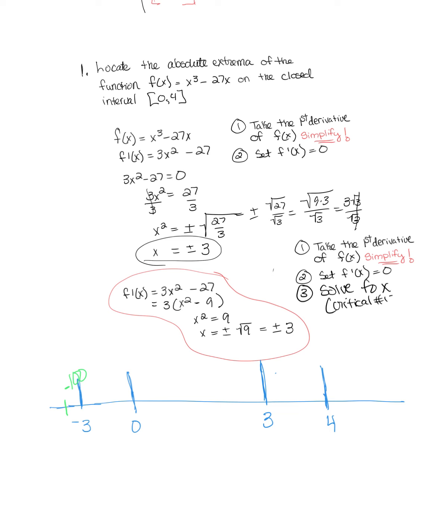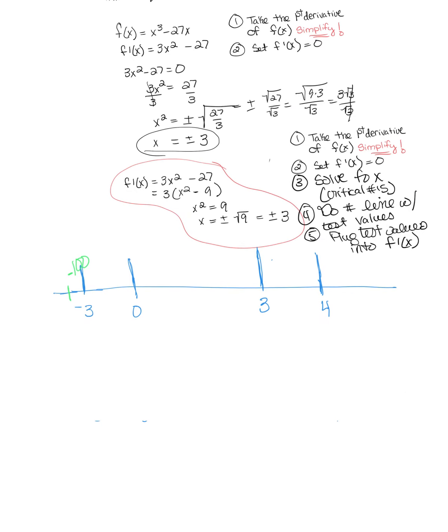This is going to give you your critical numbers, and then you need to do a number line with test values. Then you need to plug your test values into the first derivative. So not into the function itself, but into the first derivative.